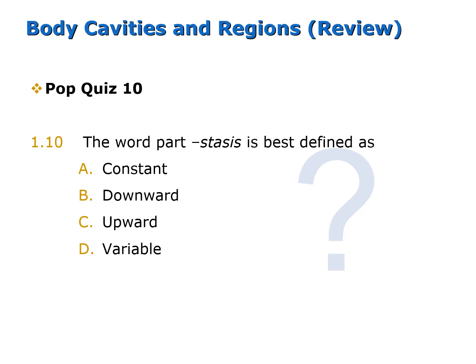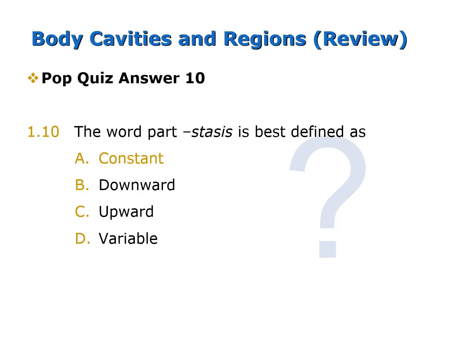The word part stasis is best defined as constant, downward, upward, or variable. Keep in mind that we use the word part, the suffix stasis, in homeostasis. So go with that term, think about it.